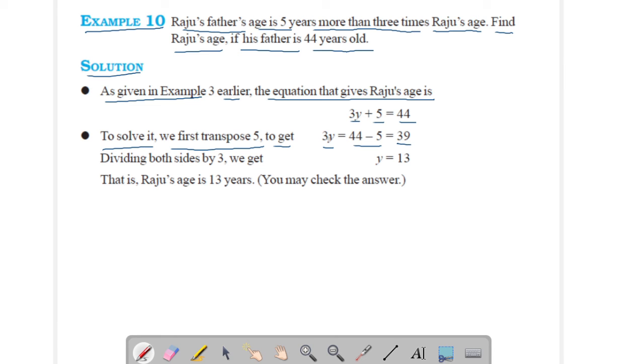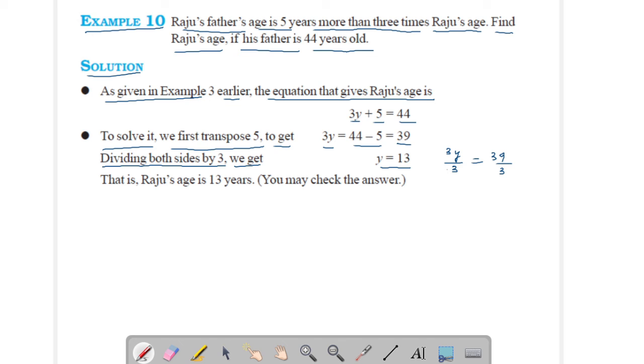Now we will remove this 3. How will we remove this 3? By dividing both sides by 3. So dividing both sides by 3, we get y equal to 13. How will you get this y equal to 13? Here 3y divided by 3 equal to 39 upon 3.